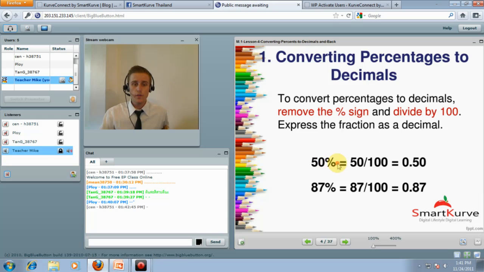First you remove the percent sign, then you have 50 over 100, and that's simple division, 0.50. You express the fraction as a decimal. 87%, remove the percent sign, 87 over 100 equals 0.87. Remember, for division, you just see how many times 100 can go into 50.